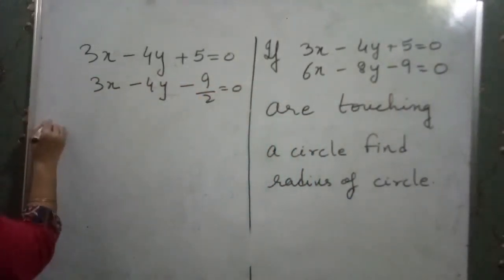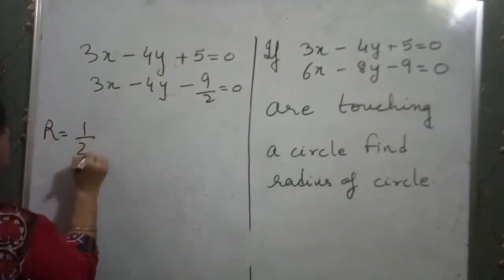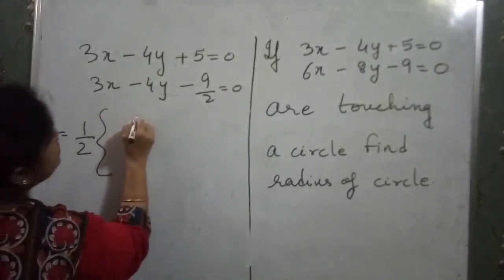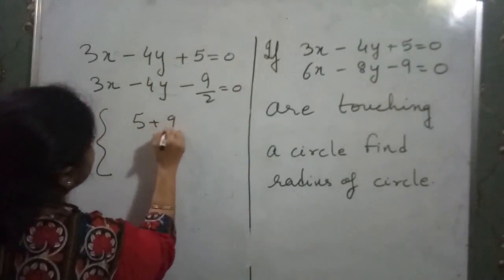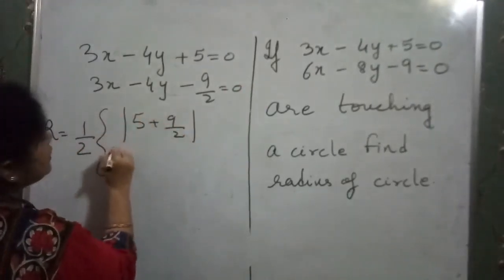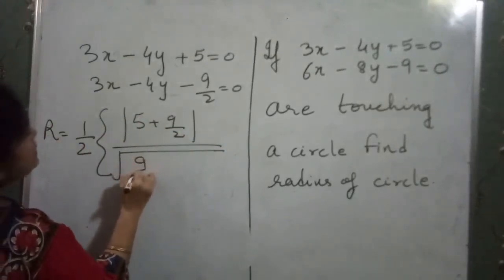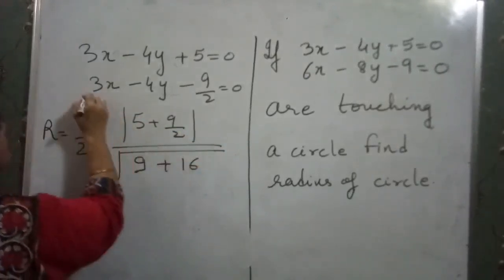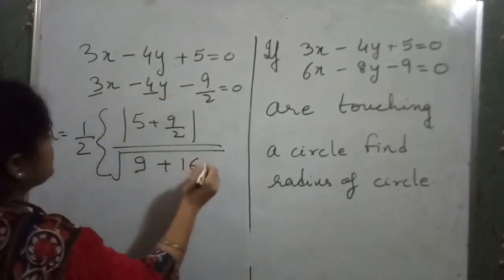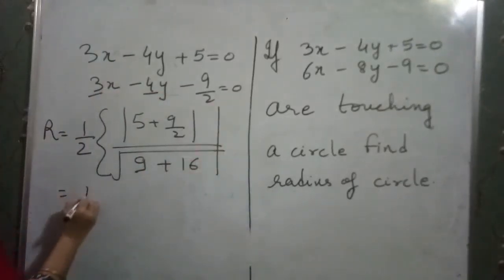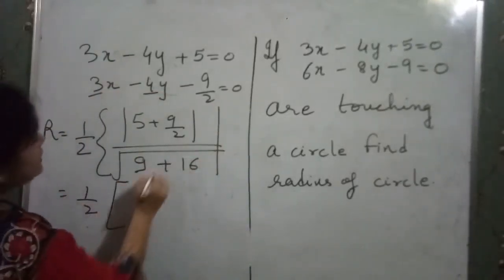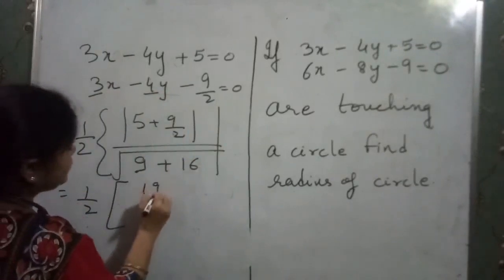Now the radius of the circle is equal to 1 by 2 times C1 minus C2, that is 5 plus 9 by 2. We take the mod, don't take the negative value. We take the positive value. 3 3s are 9 plus 4 4s are 16. Square of A, square of B. Clear? Now after solving this, 5 2s are 10, 19 by 2.